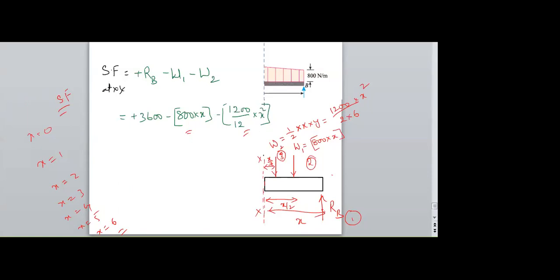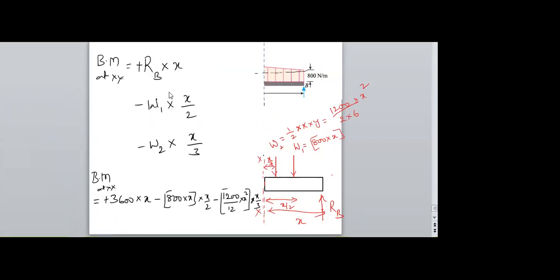And the bending moments. So three forces here. RB, its distance is x, is the first force. The second force is W1, and its distance is x by 2.